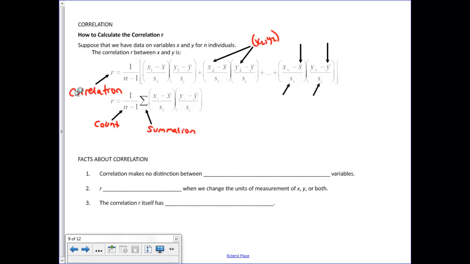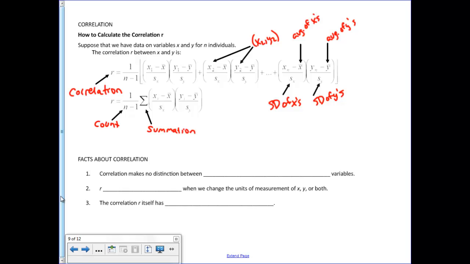X bar? Average of the x's. What's y bar? Average of the y's. S sub x? Standard deviation of your x's. And this one, S sub y? Standard deviation of the y's. Look at all you guys have learned this year.